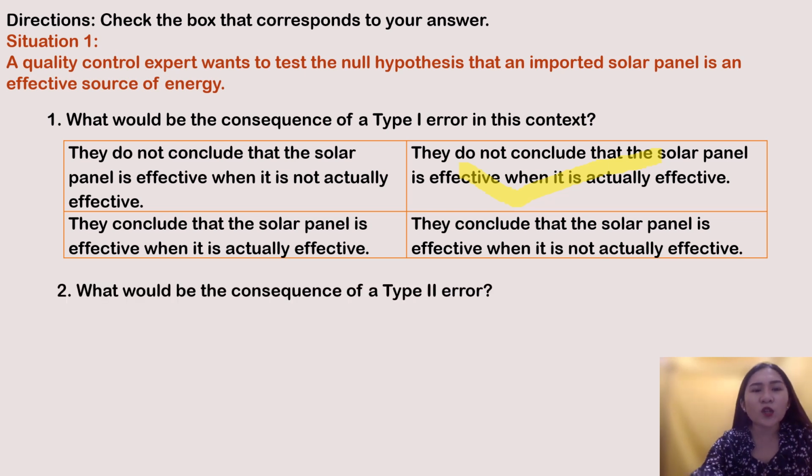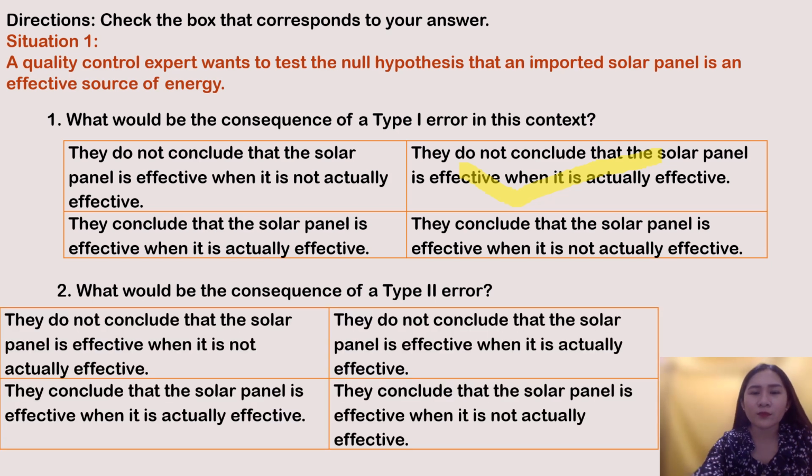Number 2, what would be the consequence of a type 2 error? These are the choices. Karen? Exactly correct, Karen. They conclude that the solar panel is effective when it is not actually effective. That is the type 2 error.